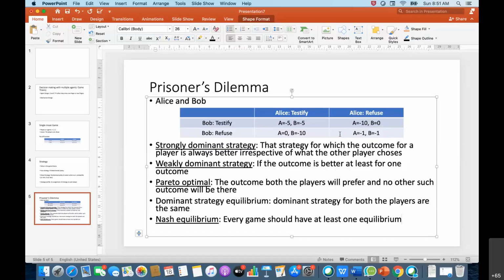That is the fact that Alice will always look to avoid. Therefore, she will choose to testify. The same is applicable for Bob also, because he does not know what Alice is going to say. Therefore, he will also choose to testify, to minimize their penalty.